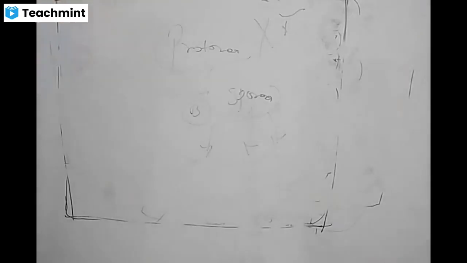But in case of protozoa, the life cycles and other parts are very important because protozoa are more important than your nematodes. In nematodes, simple things like synonyms or pathogens, small questions are asked.